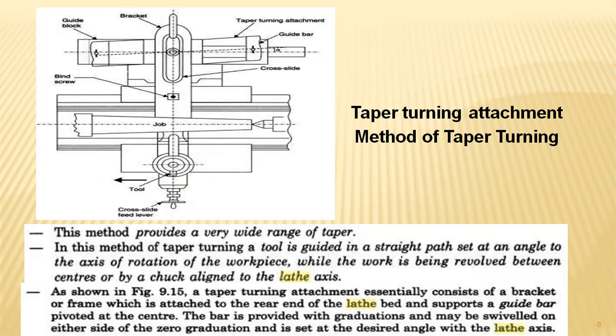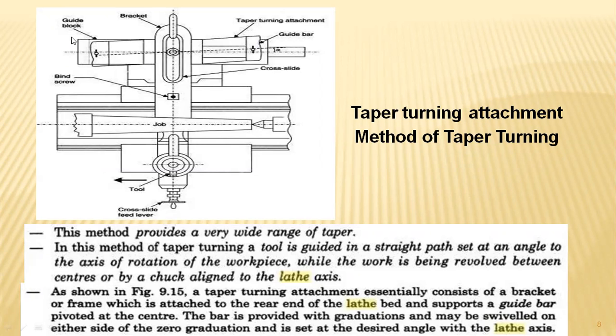So here also the tool working scenario is fixed, maintaining a straight path with respect to the set angle of the axis of rotation with respect to the workpiece. Hence, this workpiece is revolved between the centers, or else the chuck is aligned. The chuck that is being rotated will be aligned with respect to particular inclinations.